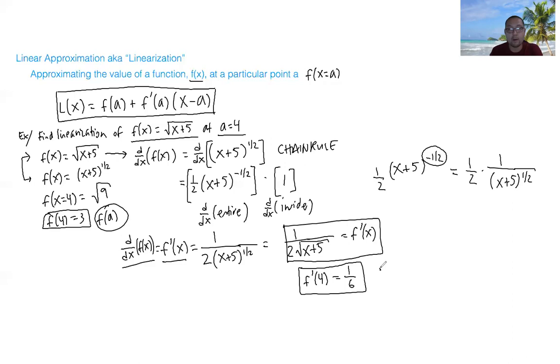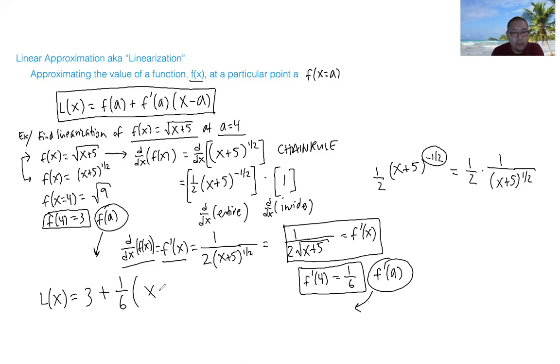This is our f prime a over here, right? And so let's put these into our formula. L of x is equal to f of a, which is 3, plus 1/6 times x minus a, which in our case is 4, because we were evaluating this function at this value.